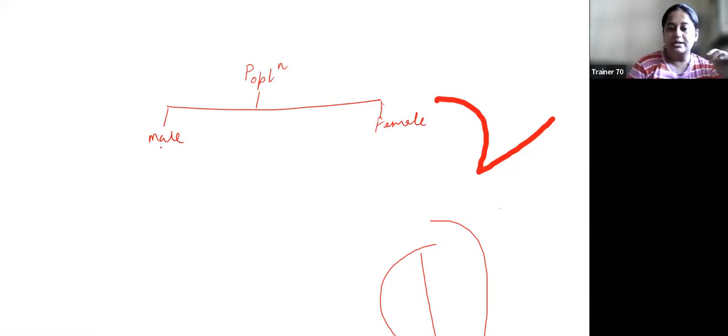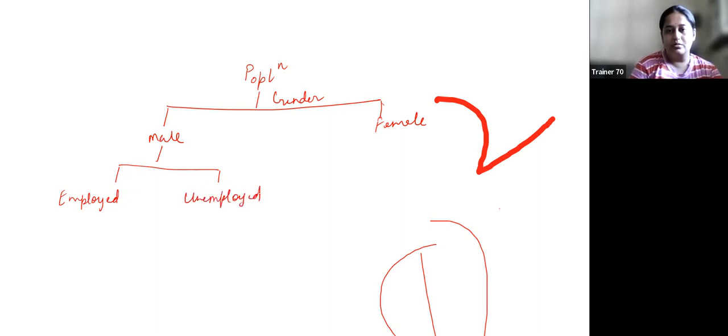Then we classified it again. The population was first divided into two groups on the basis of gender. Now again we are dividing it into two parts, employed or unemployed. We divided females also the same way, employed and unemployed.